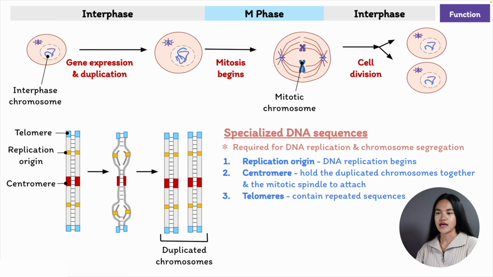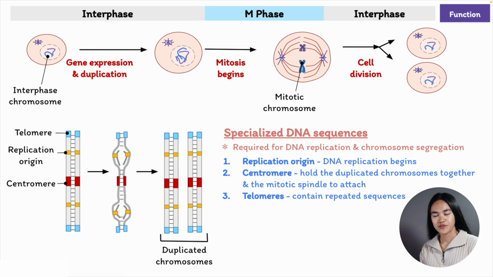Telomeres also contain repeated sequences that are needed for the ends of chromosomes to be fully replicated. They also protect the end of the chromosome from being mistaken by the cell for broken DNA in need of repair. And we cover this in the DNA replication and repair lecture. It's absolutely beautiful how all these lectures connect together.